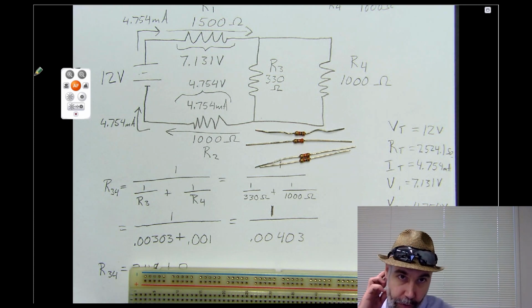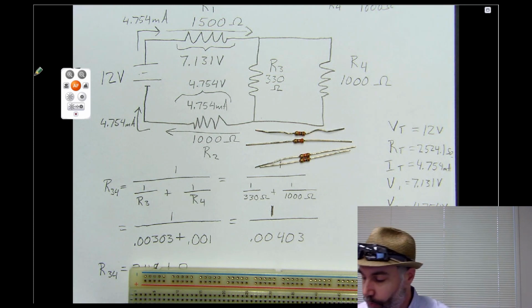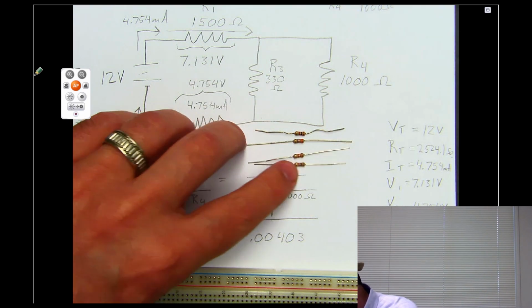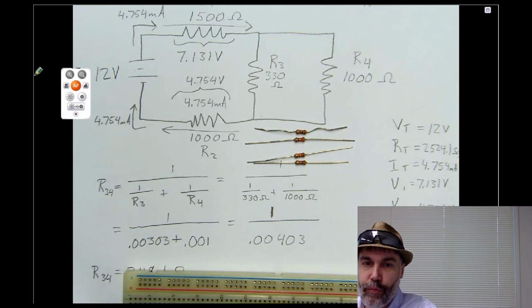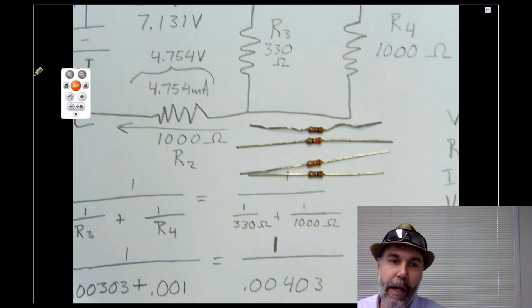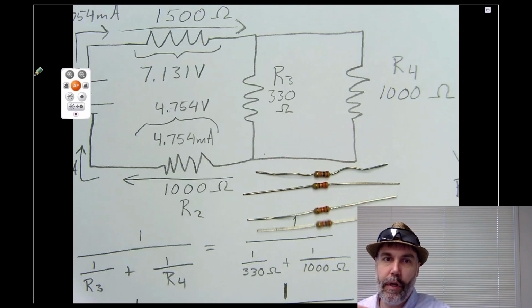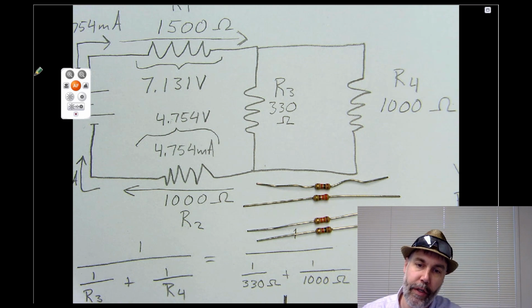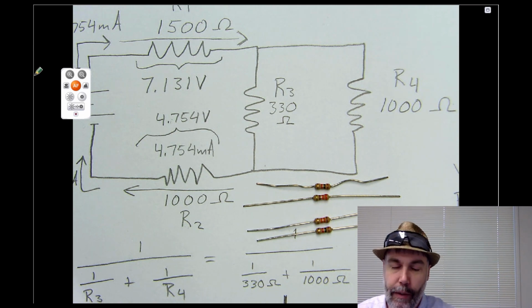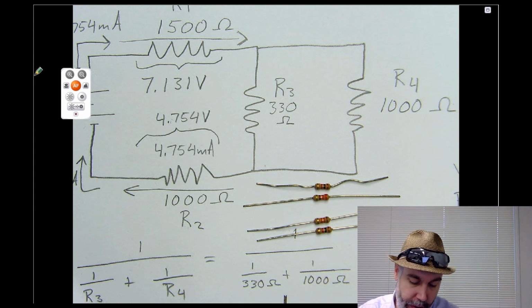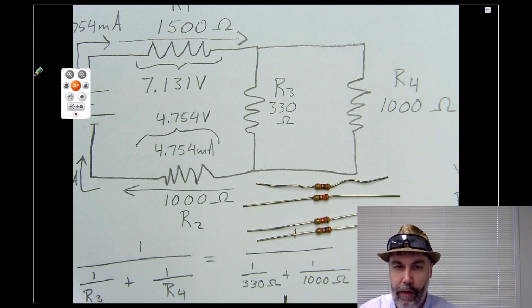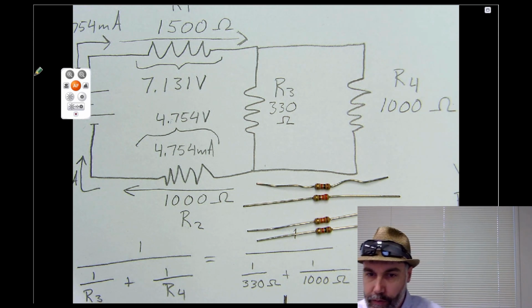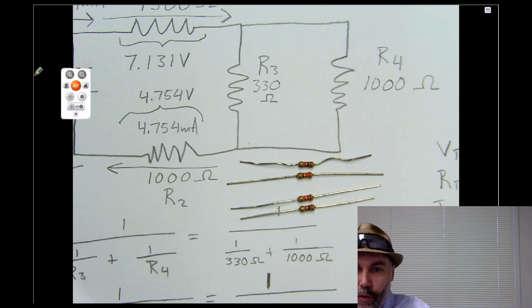Black is the color for 0. Brown. Brown, yeah. So we would need to find a resistor that starts with a brown mark, and then the next number would be 5. So what color is 5? Yep, green. And then we have 2 zeros. So what is the color for 2? Red. Red, yeah. So we're looking for something that's brown, green, and red. Okay? So those are the colors that we're looking for.